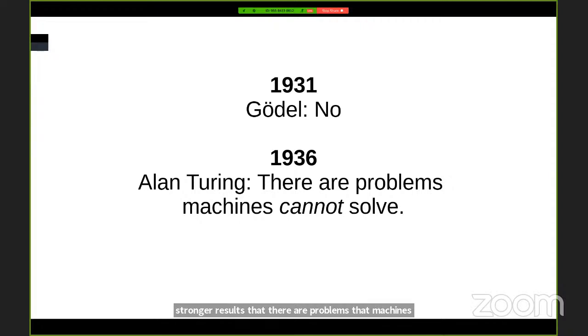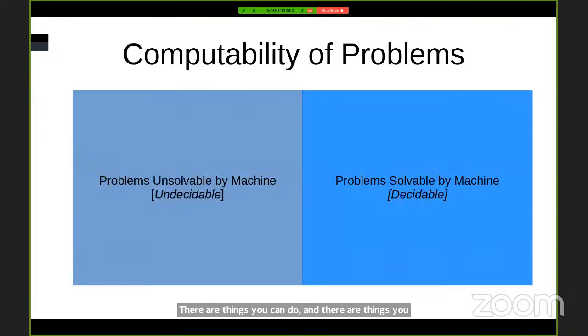And that is typically taken to be the beginning of computer science because it set the boundaries. There are things you can do and there are things you cannot do with machines. And that leads to one of the fundamental topics in computer science theory, which is the computability of problems.